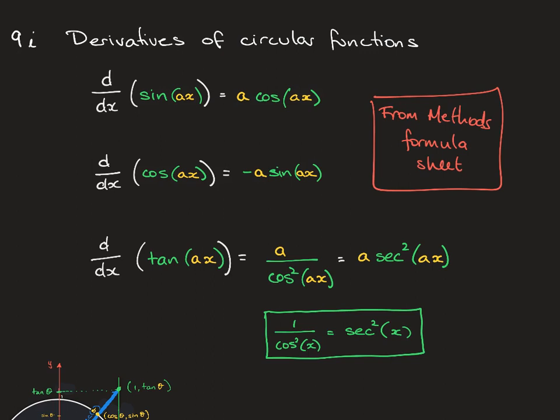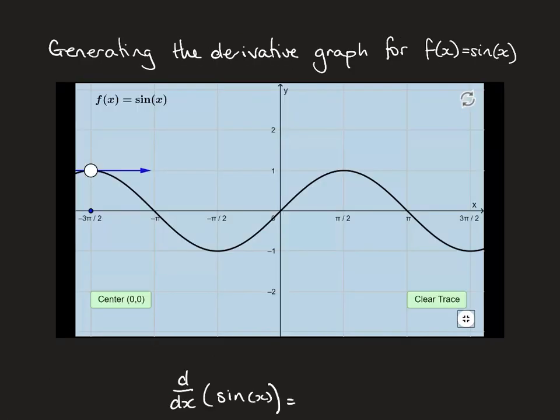So let's have a look at how the derivative of a sine graph is in fact a cos graph. I'm going to use this little interactivity from Geogebra, and you can see that at this point here there's a blue line, and that is the tangent line, and the gradient of this tangent line is 0.